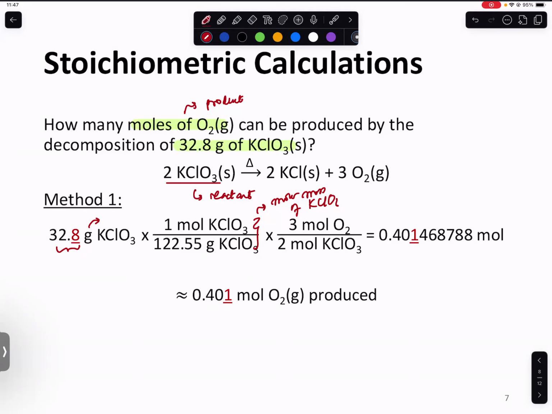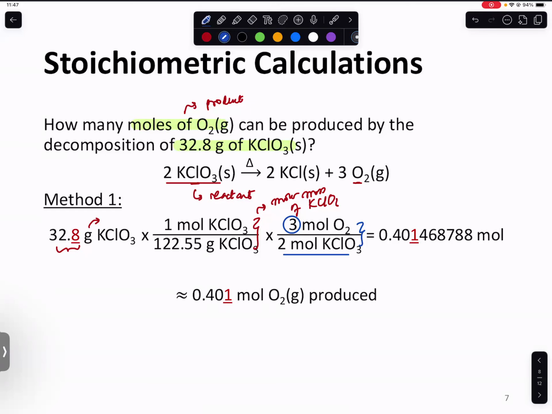And then to convert now from the moles of KClO3 to oxygen, I'm going to use the mole to mole relationship here between oxygen and KClO3. So for every 3 moles of oxygen produced, I have 2 moles of KClO3 consumed.